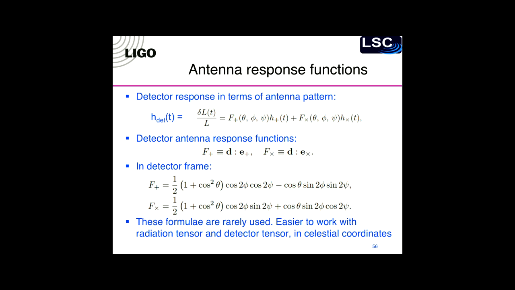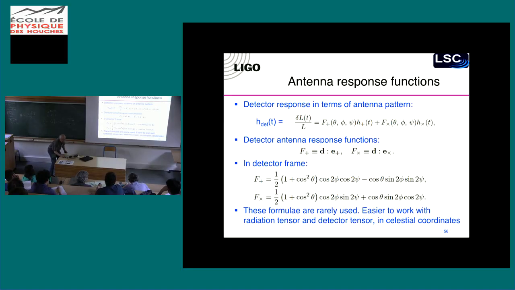It's called the antenna response functions. I sure do hope I remembered. I did. Okay. And what you get is that the strain observed in the detector in the differential arm degree of freedom, which is the change in the length of the X arm minus the change in length of the Y arm in the numerator, divided by the average length, you don't have to know this terribly precisely, is given by the plus polarized time series and the cross polarized time series, times these factors, which are called the antenna response functions.